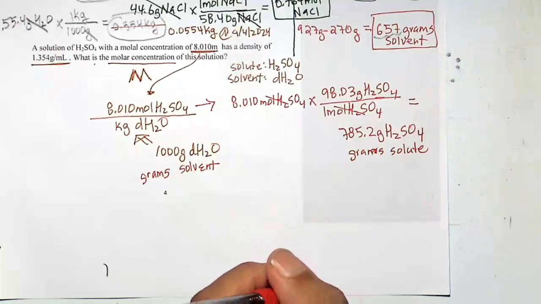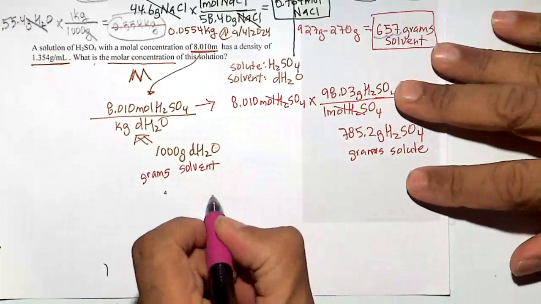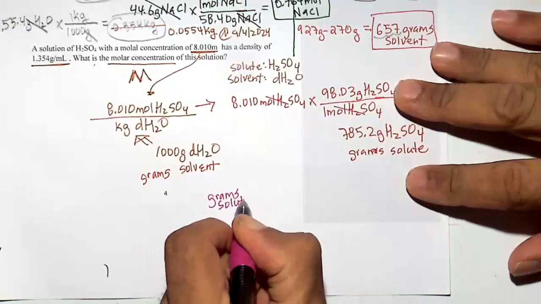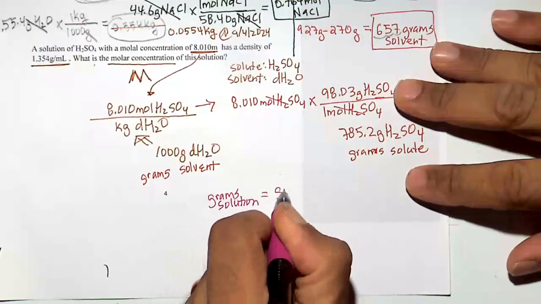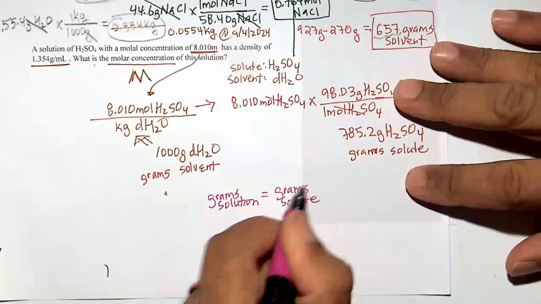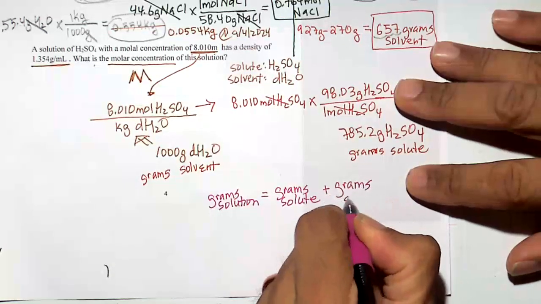Now, what do we know about a solution? What makes up a solution? Solute and solvent. Okay, so I'm going to say the grams of solution equals grams of solute plus grams of solvent.